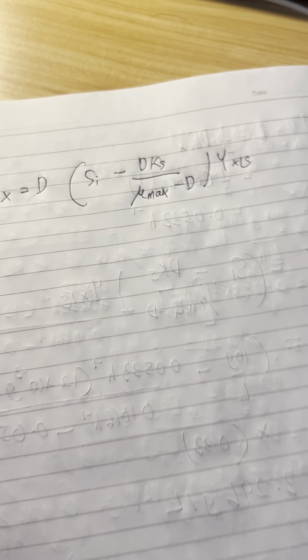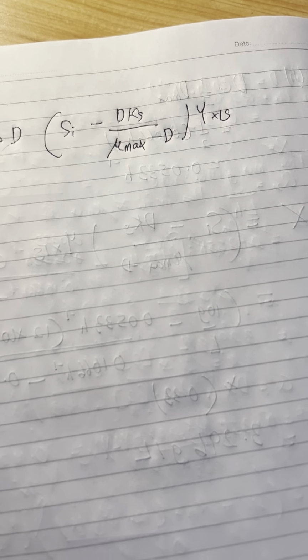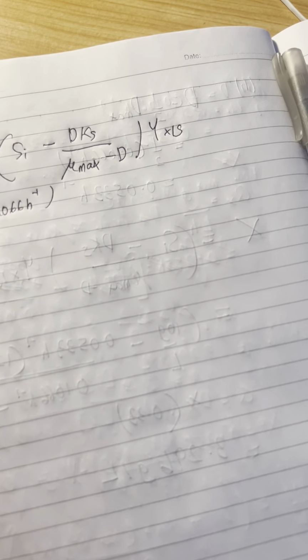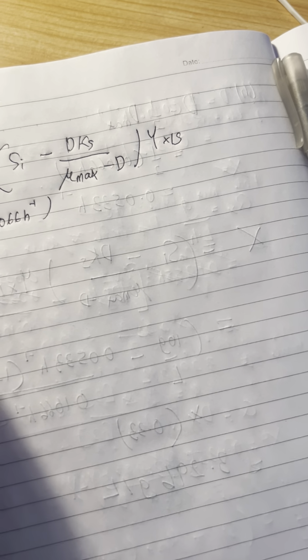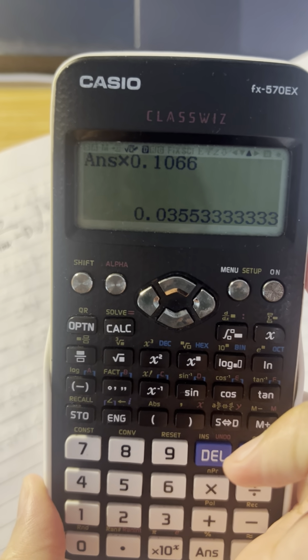The question is asking, what is the biomass productivity when the dilution rate is 1/3 of the maximum? Now D is only 1/3, the new D for question D only, which gives you 0.0355 per hour.